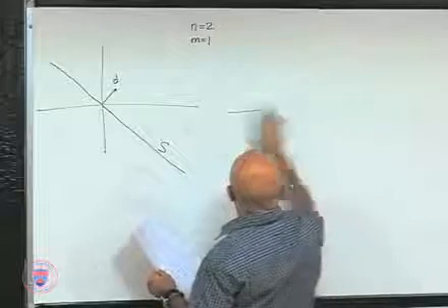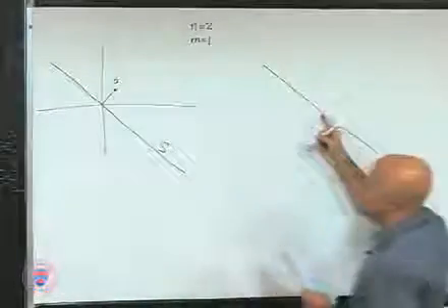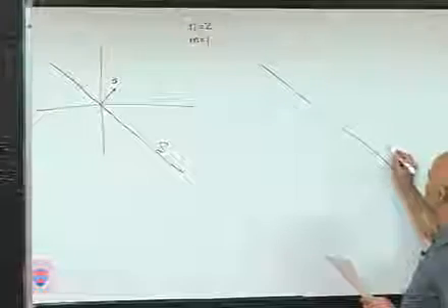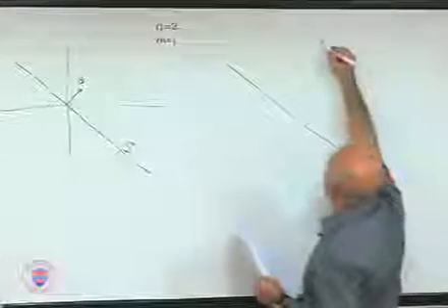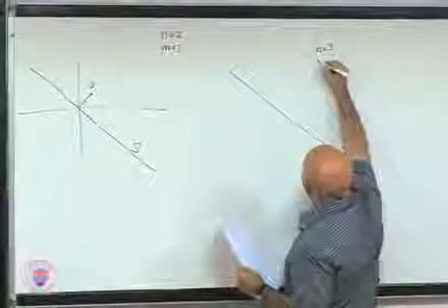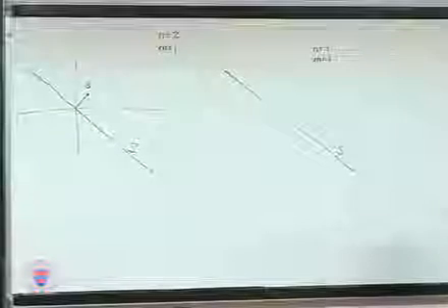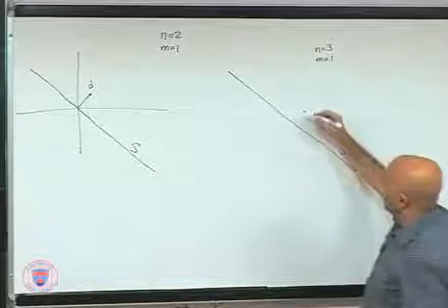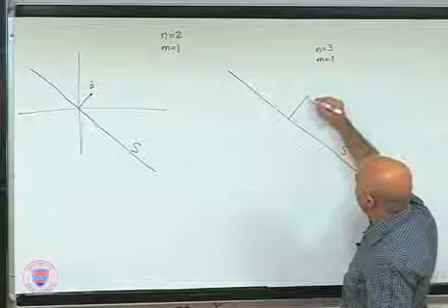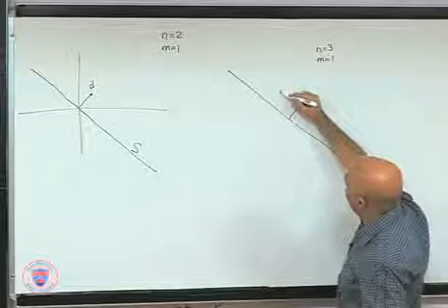Well, let's take the same example in 3 dimensions. So we've got the same hyperplane. That's your S. This time we're in 3-dimensional space, so M is still equal to 1. Of course, in this case, I've got one like that, the other one going upwards.